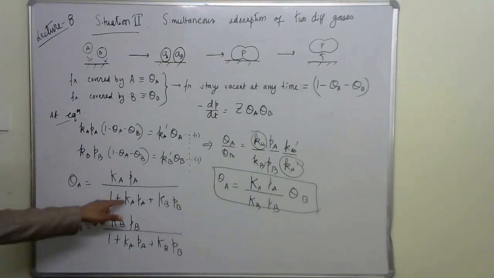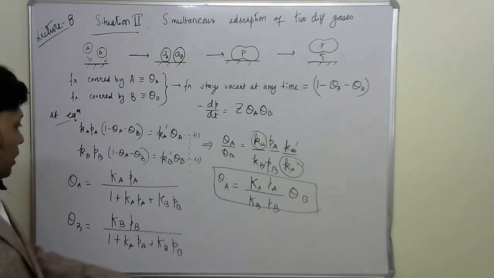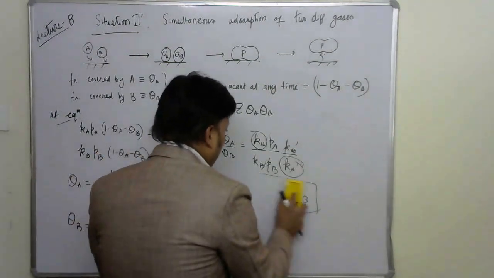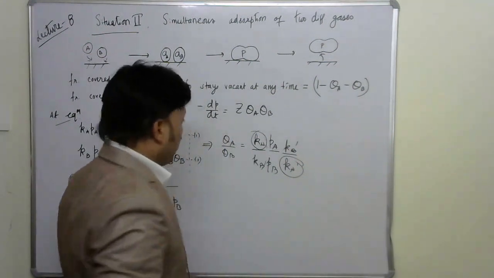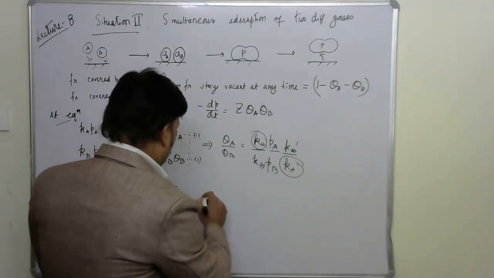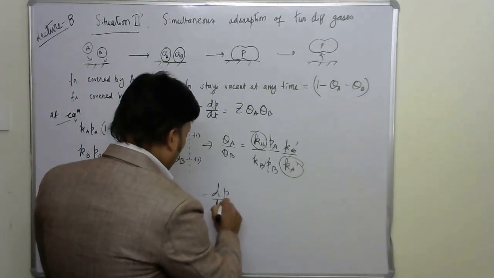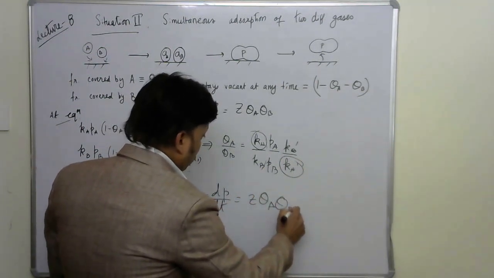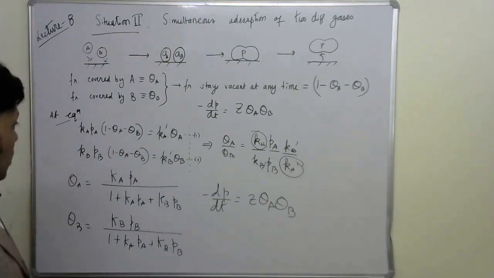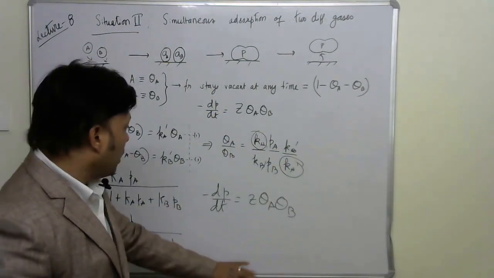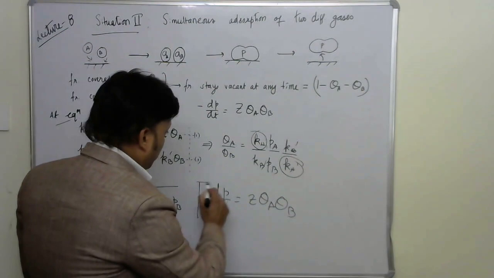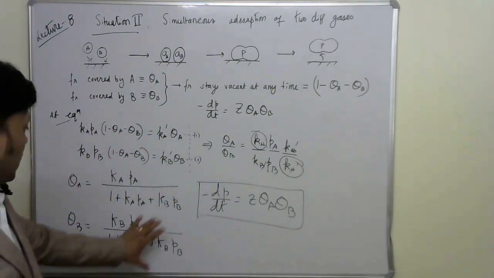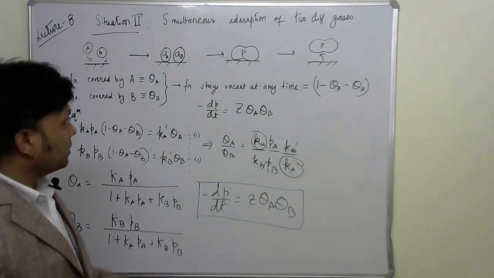Remember, these K's are equilibrium constants. So from this we can readily write the equation for minus dP/dt, that is the rate of the heterogeneous reaction, that is Z theta A multiplied by theta B. So let's clean the board and write freshly the total expression of this, where theta A and theta B are something like this.